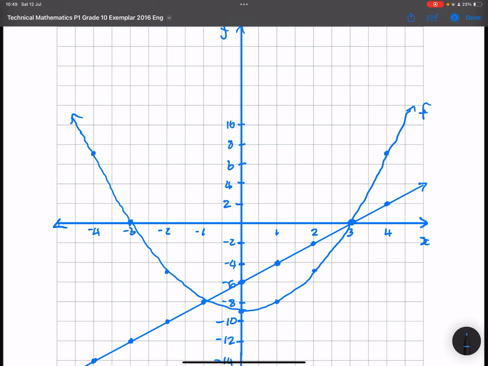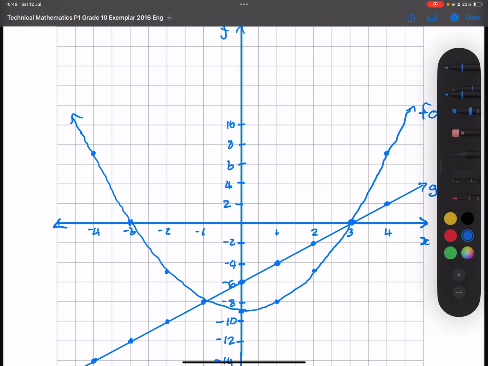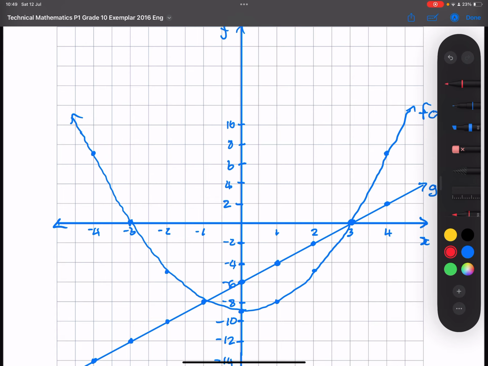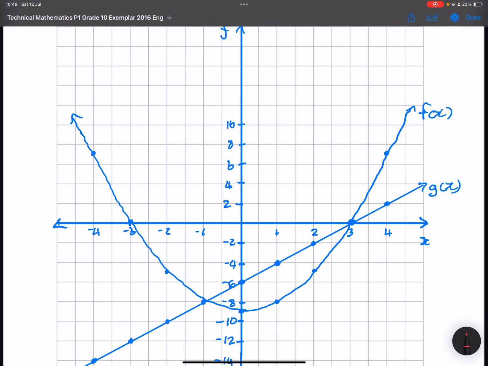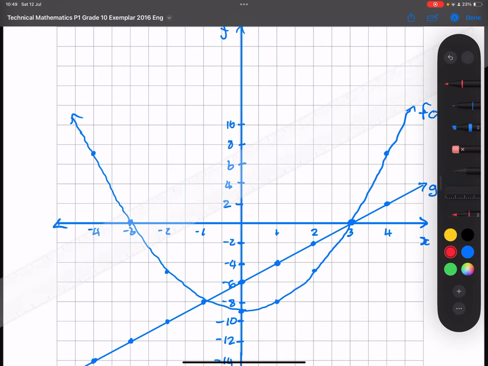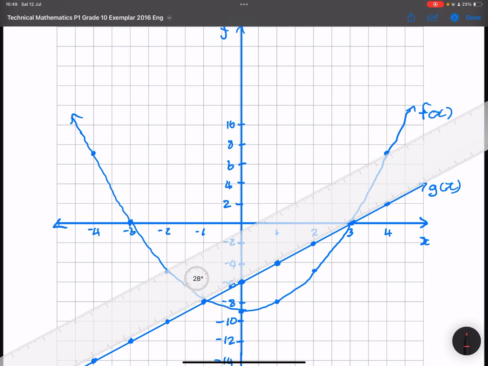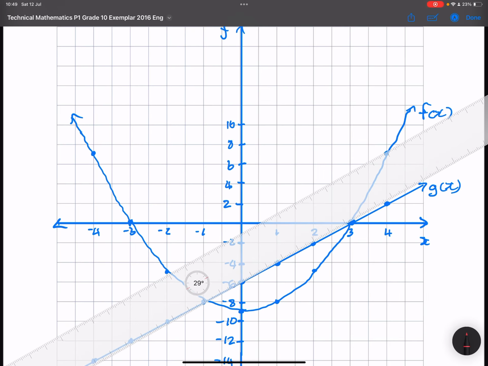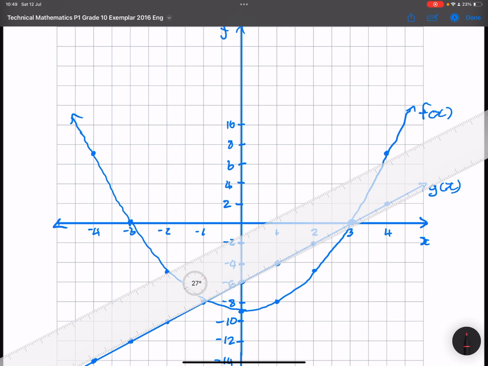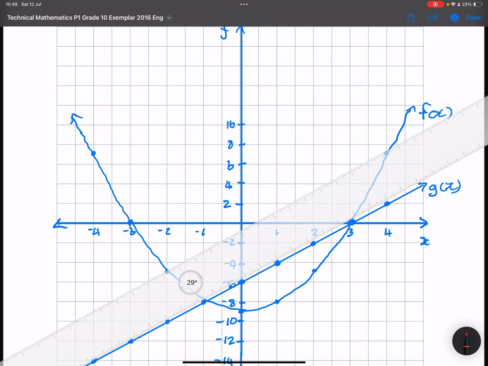So this is f of x as well as g of x. I think it would have become even better had I drawn g of x with a different color. I'm just going to draw over it, I hope you don't mind, with a different color. Need to make sure that I make this as accurate as possible.